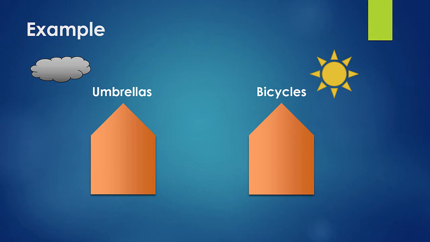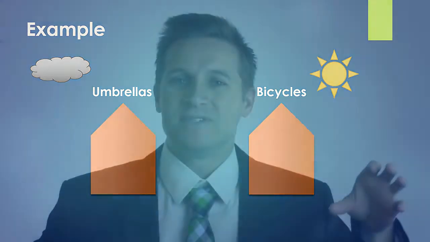And so what you have in these two businesses is businesses where the revenues and the profits are going to fluctuate a lot based on the weather. But if you take these two businesses and combine them together, so you sell both umbrellas and bicycles, then all of a sudden those revenues, the fluctuations you were experiencing, they remain flat throughout the year, no matter whether it's rainy or it's sunny.